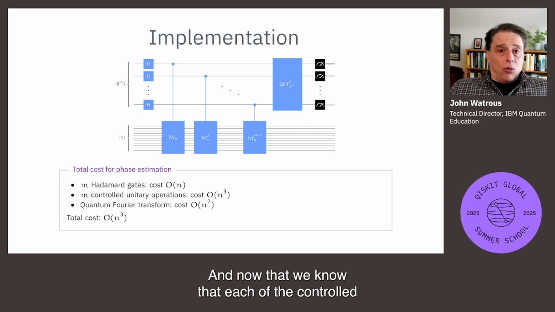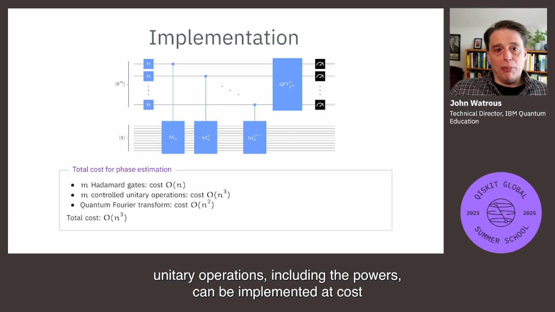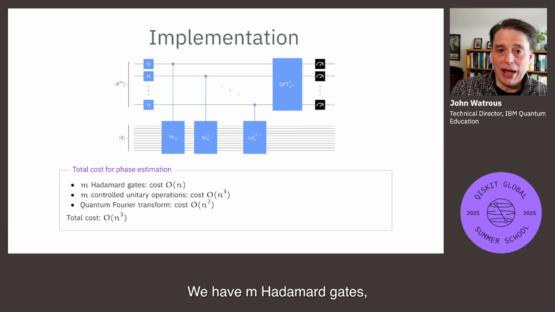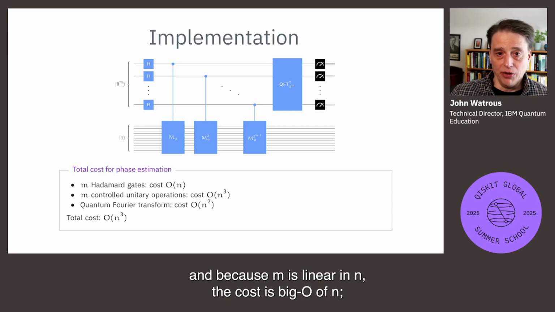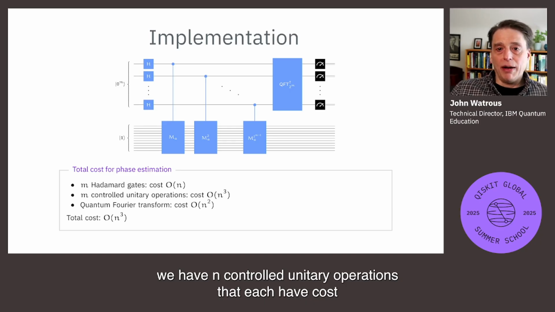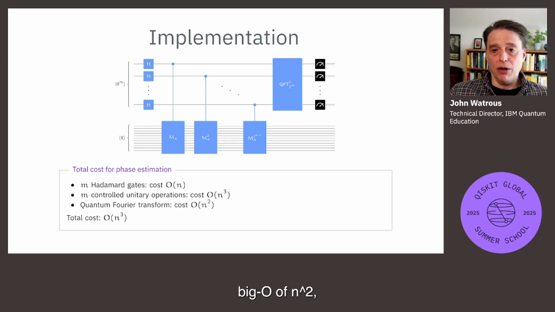And now that we know that each of the controlled unitary operations, including the powers, can be implemented at cost big O of n squared, we can count the total number of gates that we need. We have m Hadamard gates, and because m is linear in little n, the cost is big O of little n. We have m controlled unitary operations that each have cost big O of little n squared, so the total cost here is big O of little n cubed.